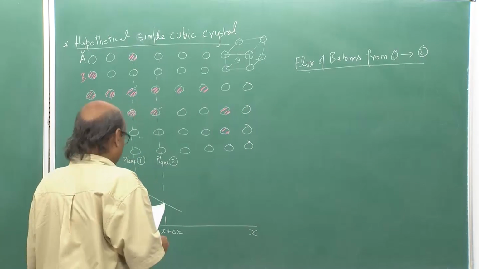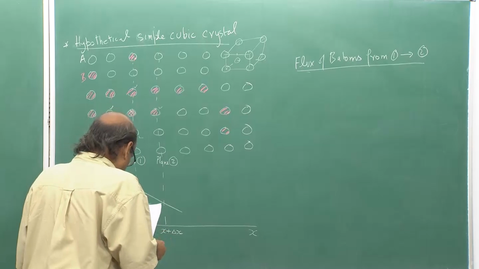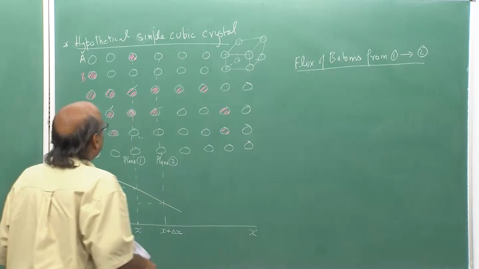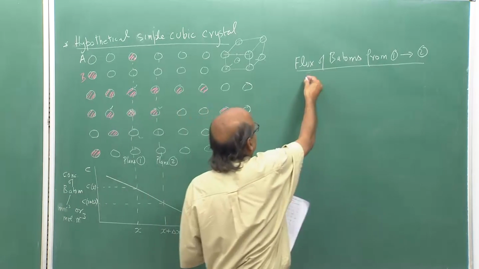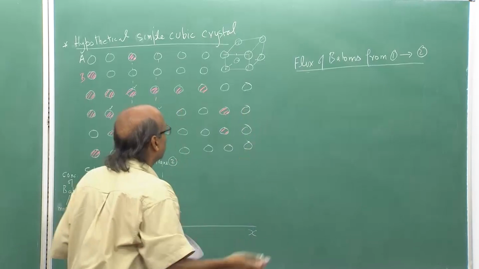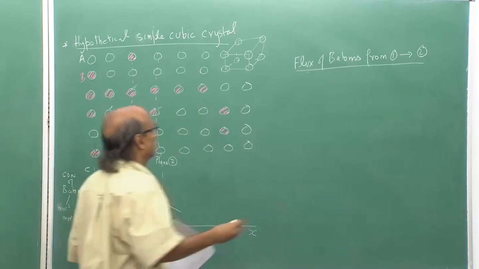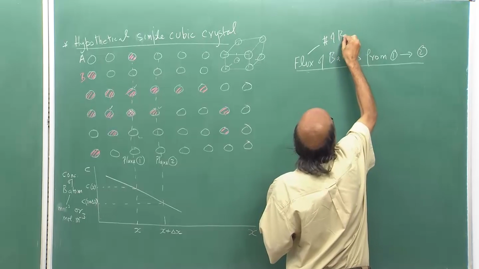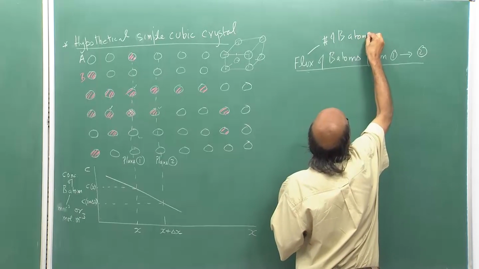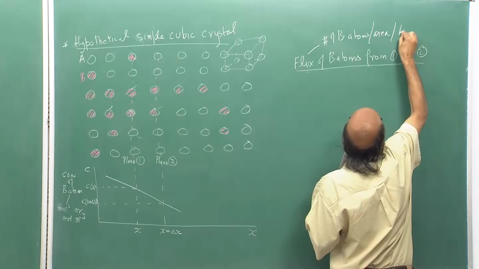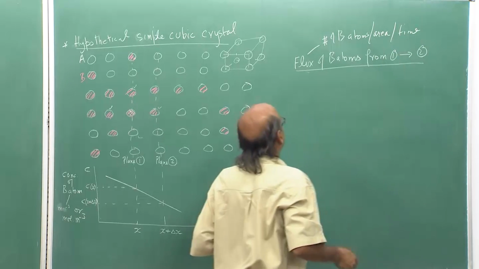The flux of B atoms from plane 1 to plane 2 could be written like this. First, let us see the units incidentally: flux would be number of B atoms per unit area per unit time.